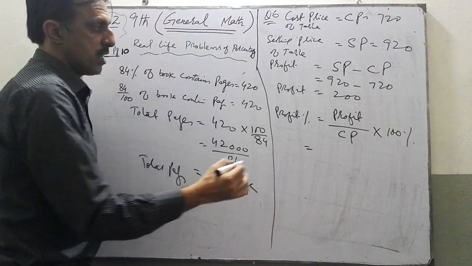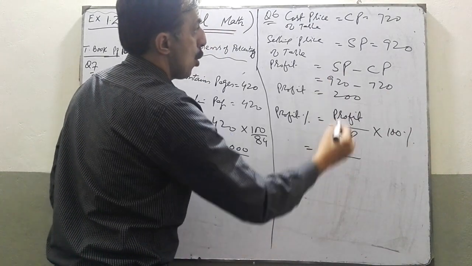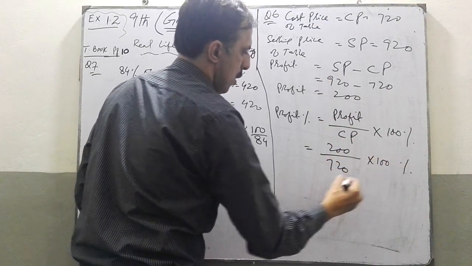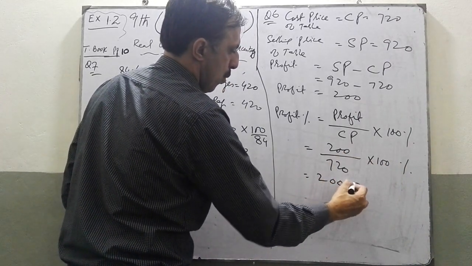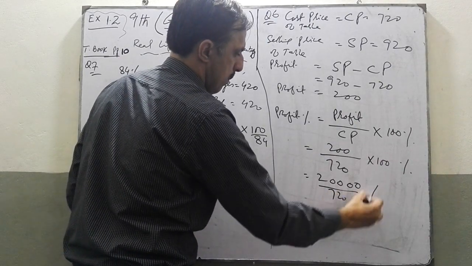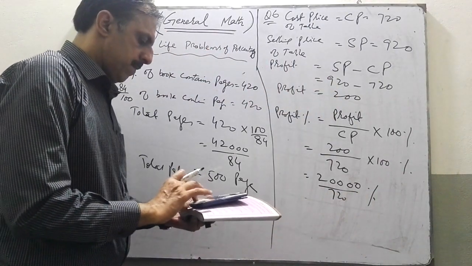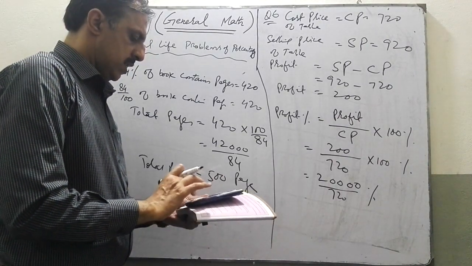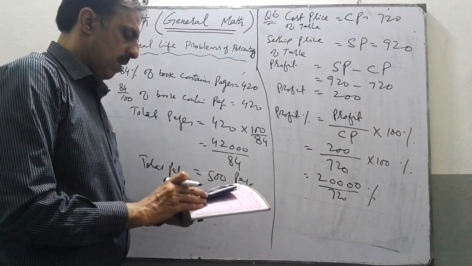Now putting the value, profit is 200, cost price is 720 multiplied by 100%. Now 200 multiplied by 100 is 20,000 divided by 720 using calculator. 20,000 divided by 720 multiplied by 100.